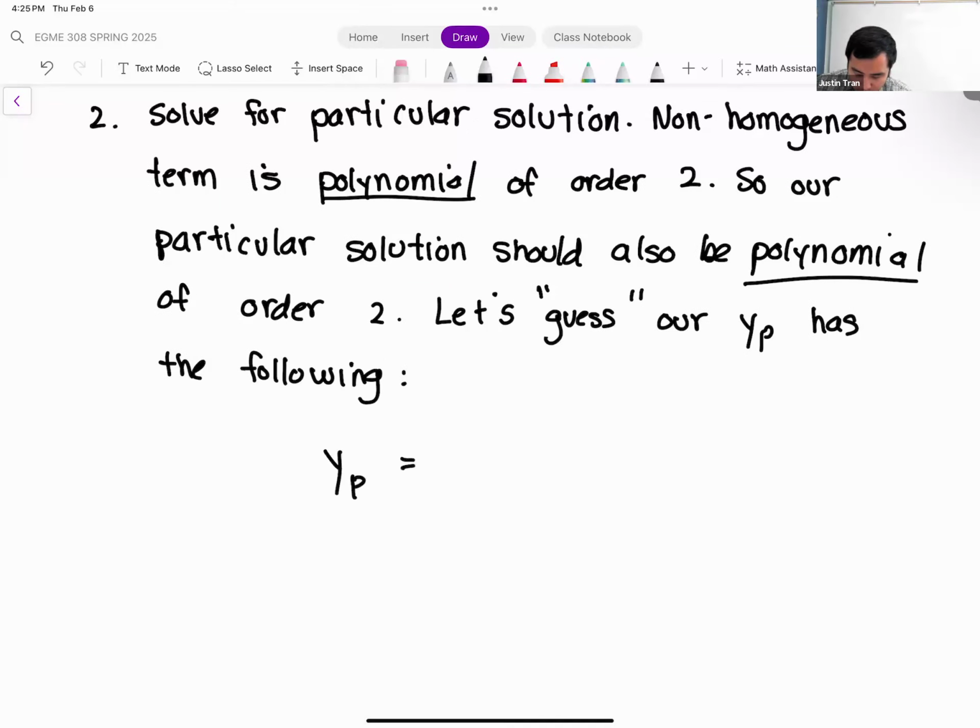We need a polynomial that goes up to order 2. Even though our non-homogeneous term only has x squared, we have to assume that our particular solution may have x squared, it might have x, and it may have a constant term as well. So let's guess that our particular solution is k0 plus k1x plus k2x squared.